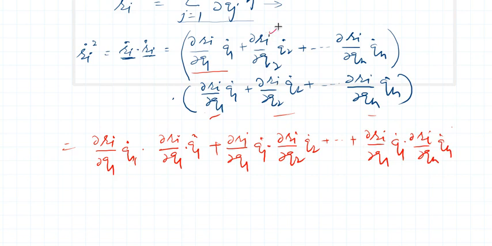Similarly, the second term is multiplied with every term, and the nth term is also multiplied with every term.